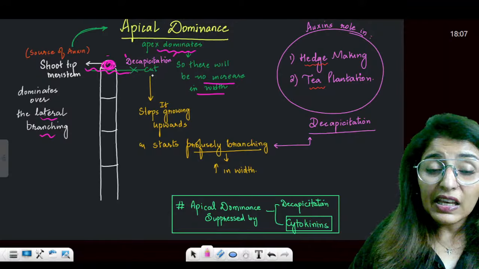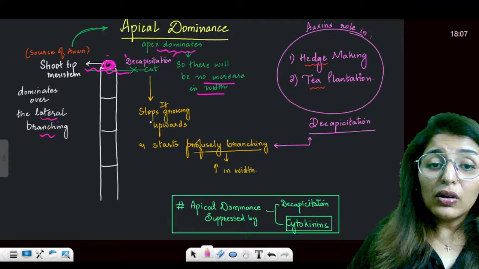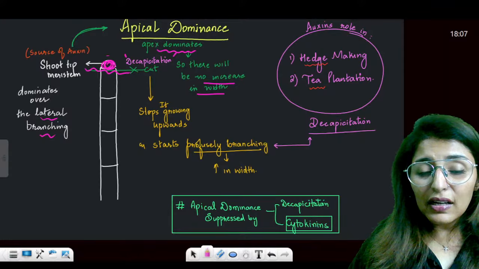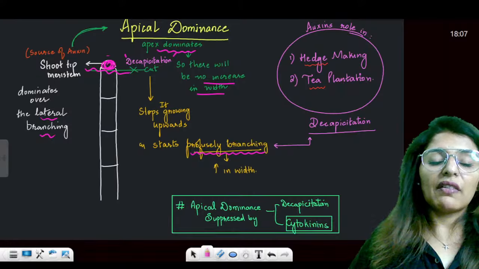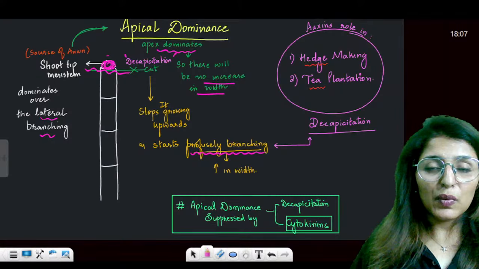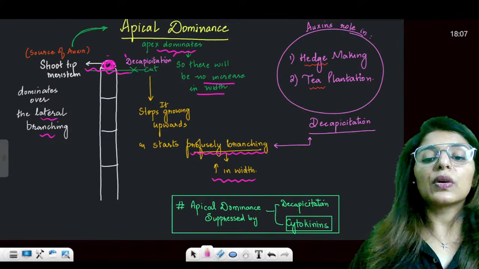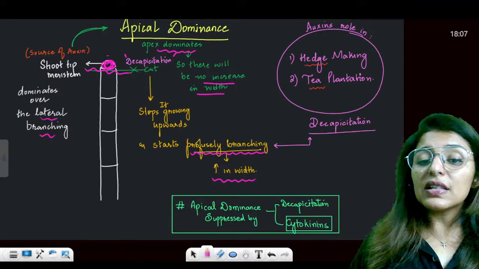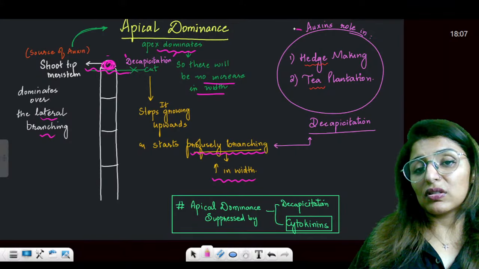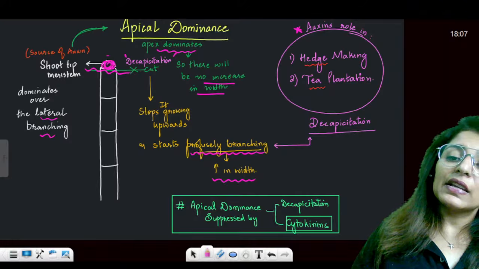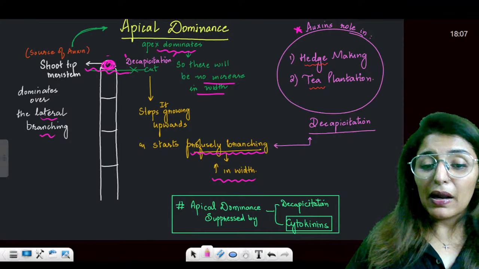But after decapitation, the tip stops growing and rather it starts profusely branching. So lateral development will take place. The lateral buds will now grow. This leads to an increase in the width. Now this method is used for hedge making and tea plantation. Auxins have their role in hedge making and tea plantation.